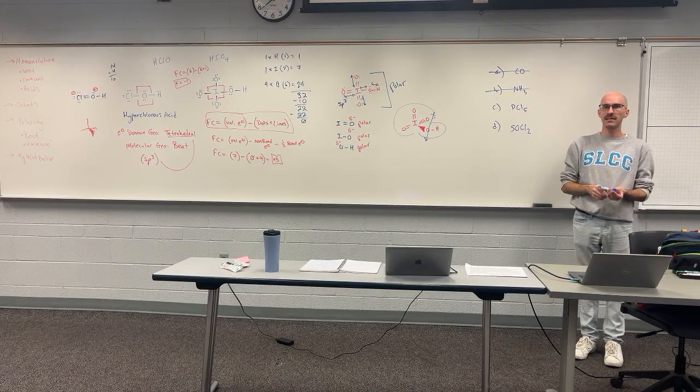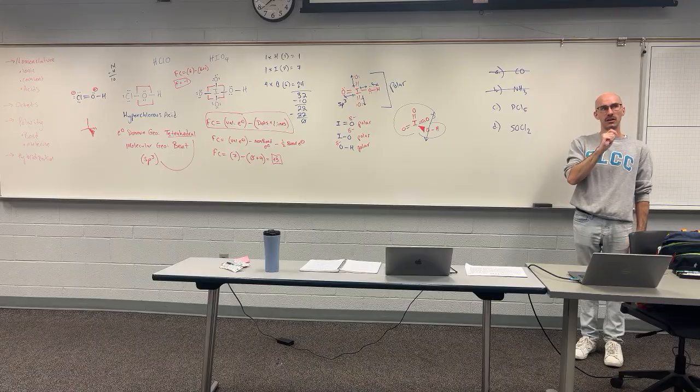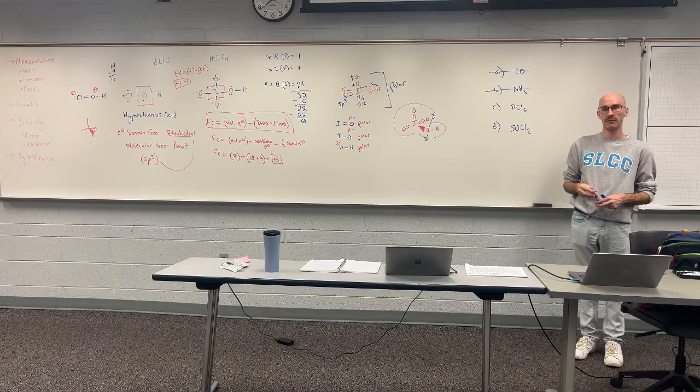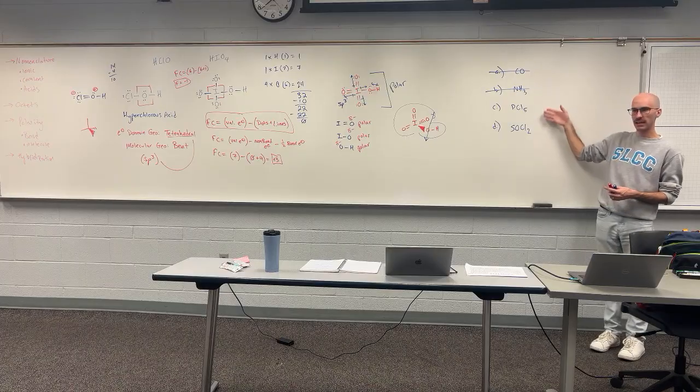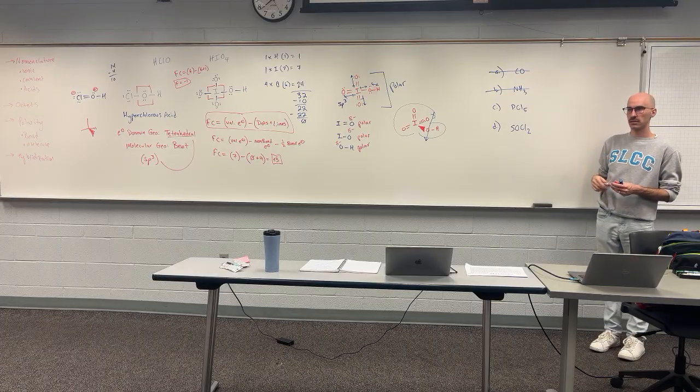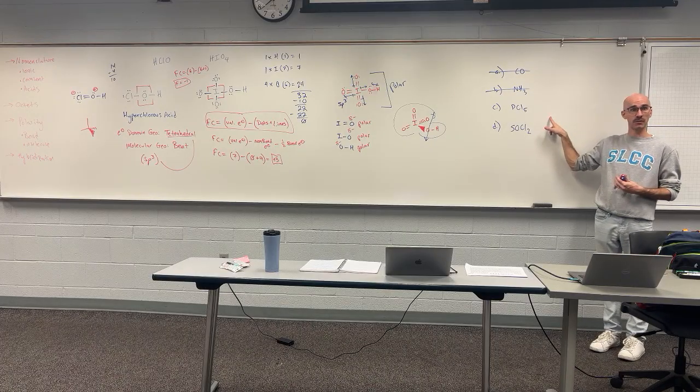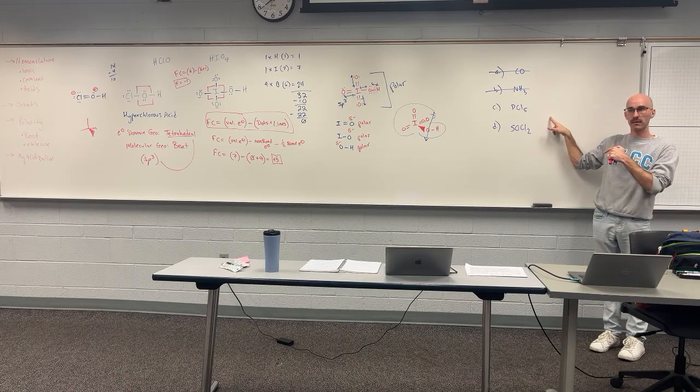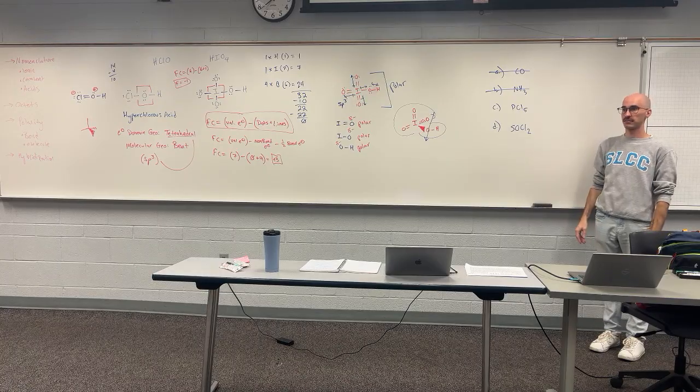So which of these has a valid Lewis structure that must violate the octet rule? Do you guys have any guess? C must violate the octet rule? How can you be so confident? Because you know it? You've got to have 5 bonds to phosphorus.